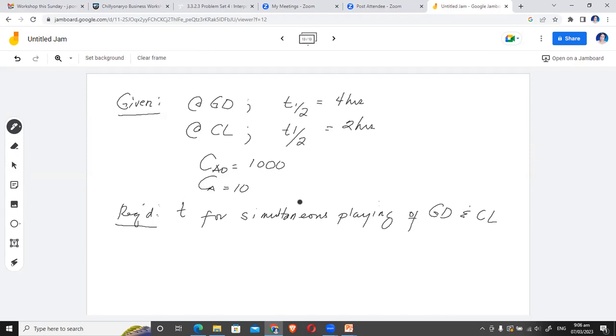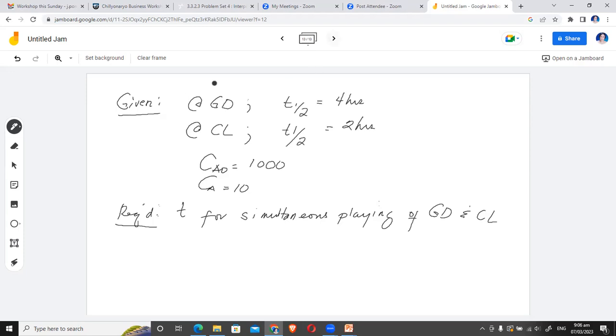Would you like to add anything here? Is there any given we haven't written, or is everything there already? Everything there? So we write the solution here.